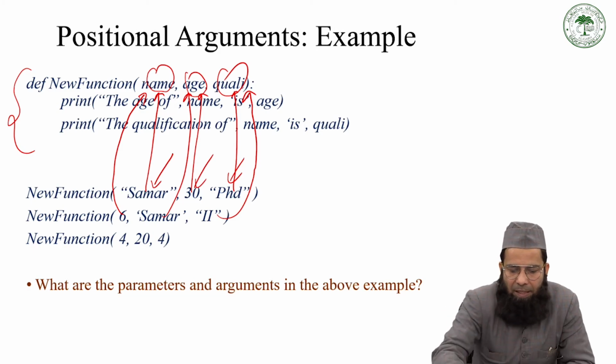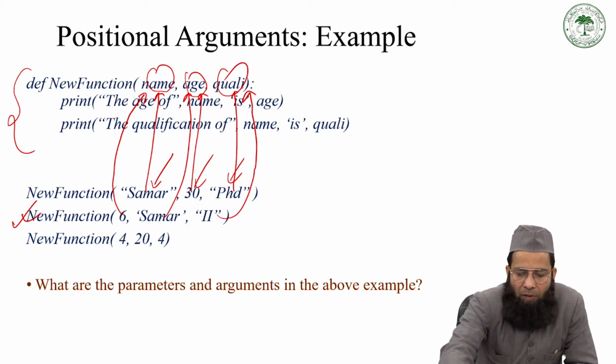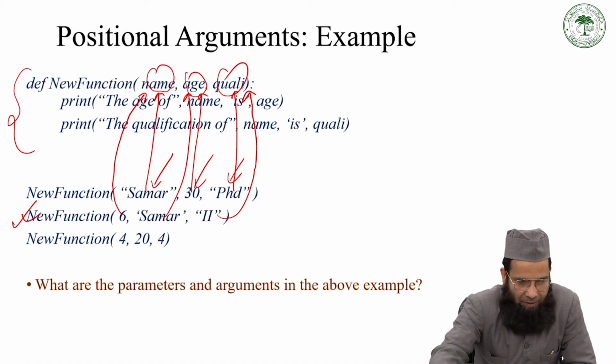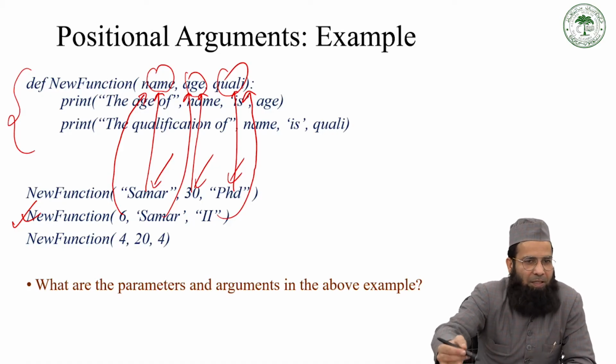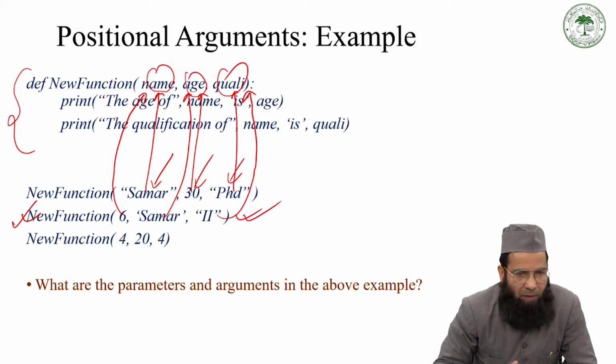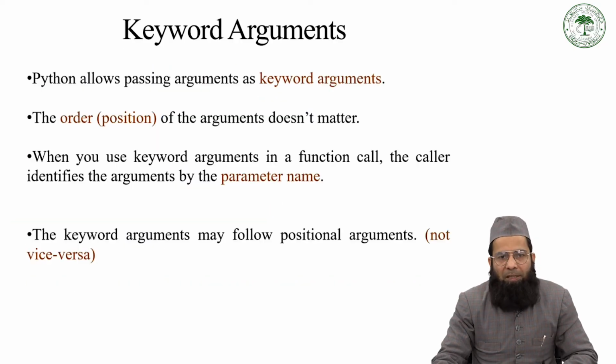For this function call, the function would be executed and it would give the output: the age of 6 is summer. Which is not right. So, in the case of positional arguments, position matters.